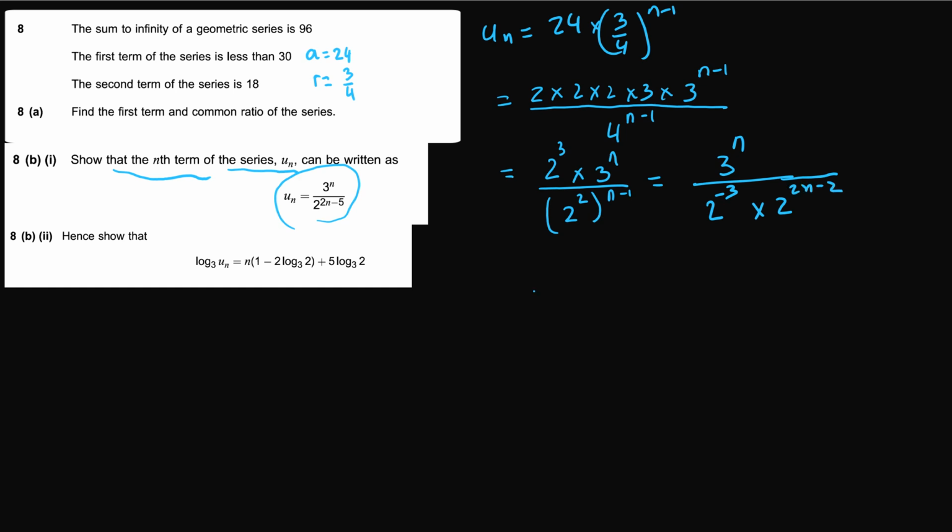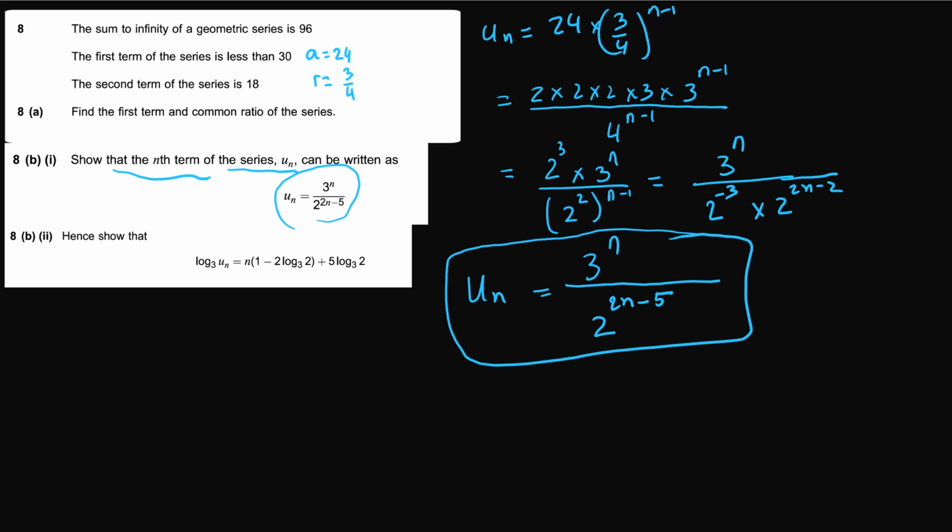So hence I can write this as 3 to the power n over 2 to the power 2n minus 5, and that's exactly what we need to show the nth term of the series is equal to. That's done.